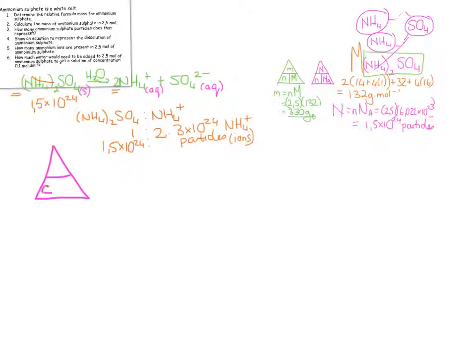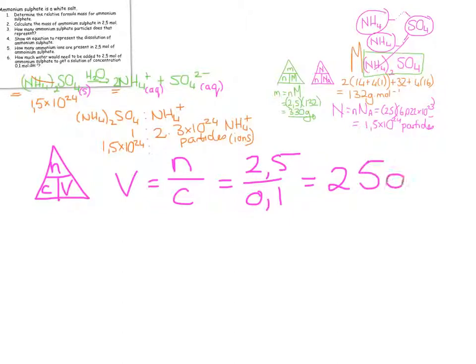Concentration is equal to number of moles divided by volume, also on your information sheet. So if I am now trying to work out the volume, it's equal to the number of moles divided by the concentration. The number of moles that they have given me is 2,5. The concentration is 0,1, again given in the question, and therefore I would need to add 25 decimeters cubed of water.